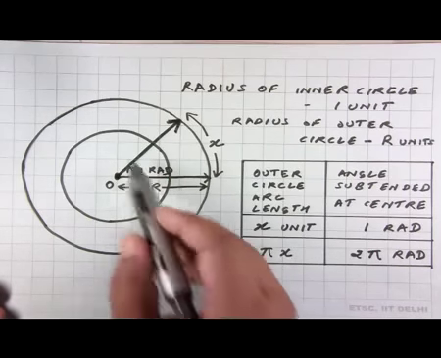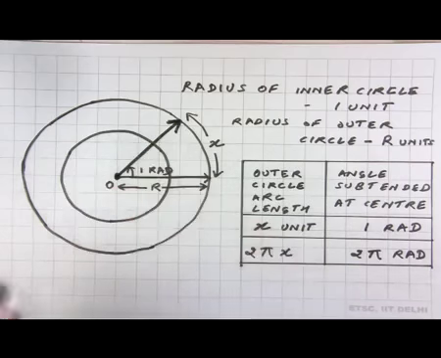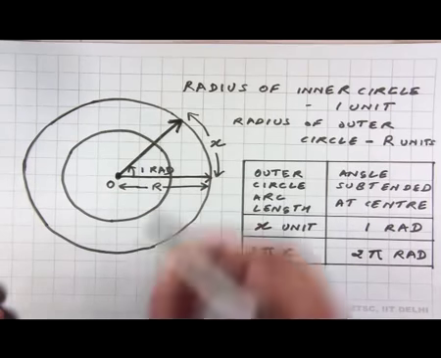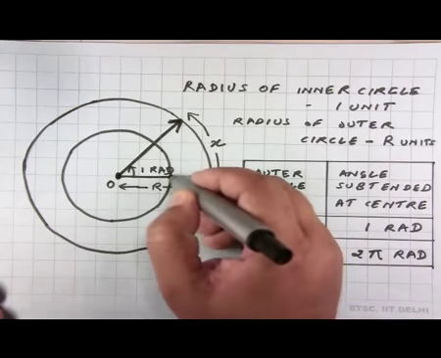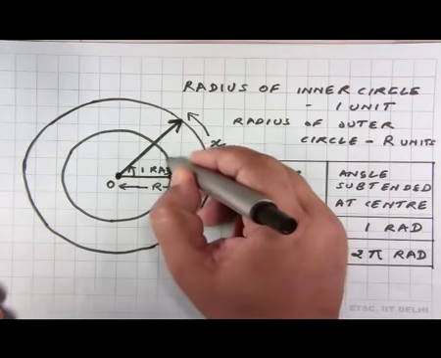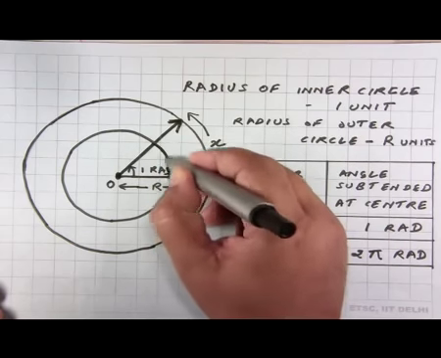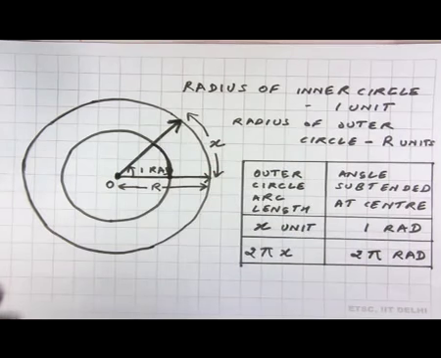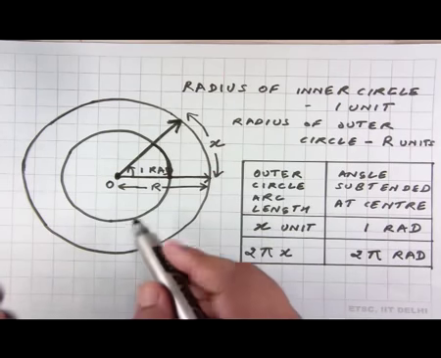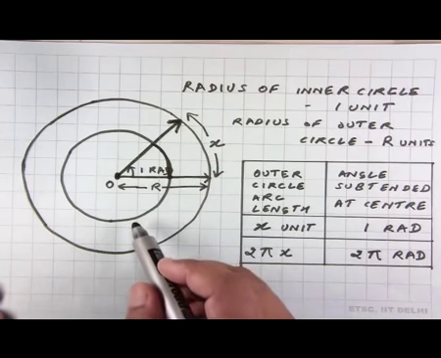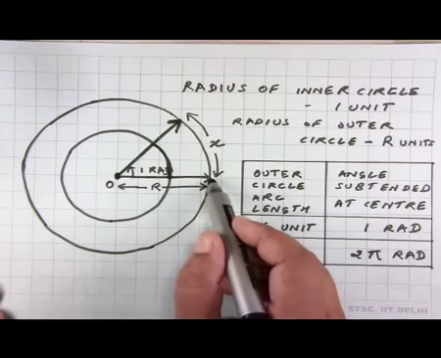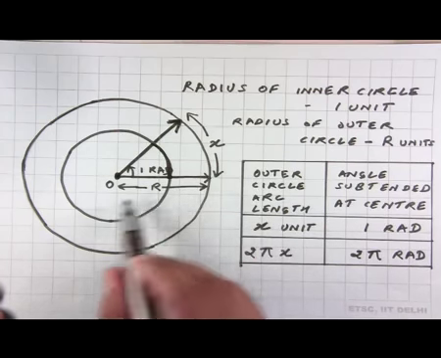Then for the inner circle whose radius is 1 unit, we know that the length of this arc will also be equal to the radius, which is 1 unit, right. But let us say that this outer circle has a radius of r units.